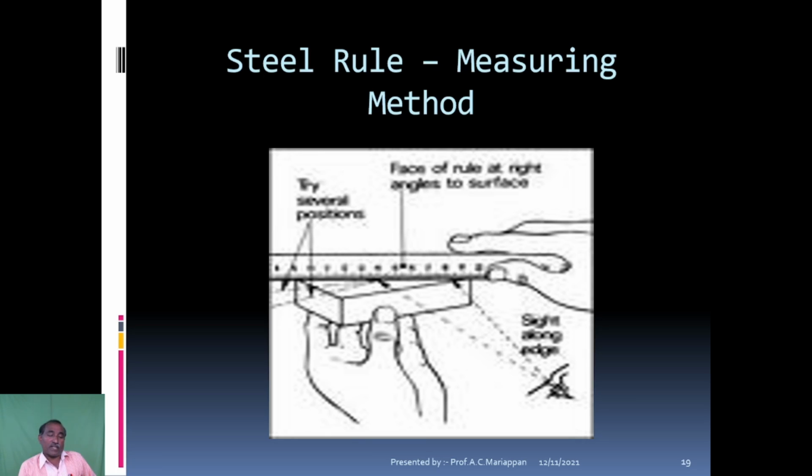So the damage will create a positive error or maybe a negative error. If it is a positive error, we can subtract how much it is positive. If it is a negative error, how much of the dimension is negative, we need to add to the basic dimension. The basic dimension is nothing but the actual dimension considered from where to where. So usually as a good practice we can leave 10 mm distance at the beginning.